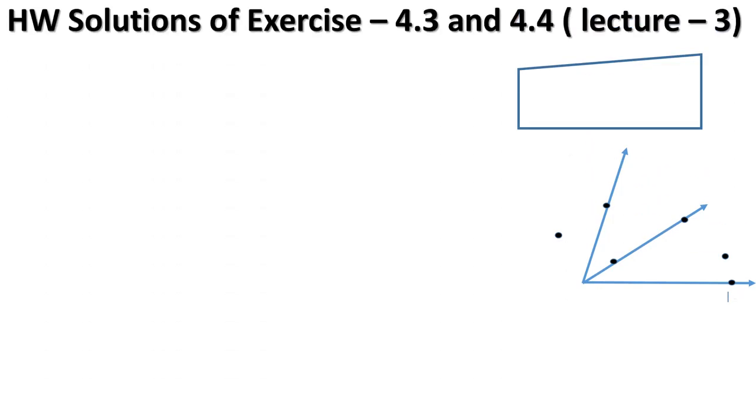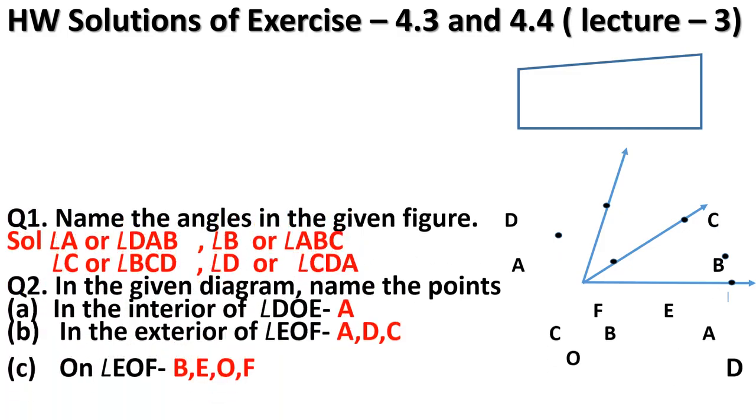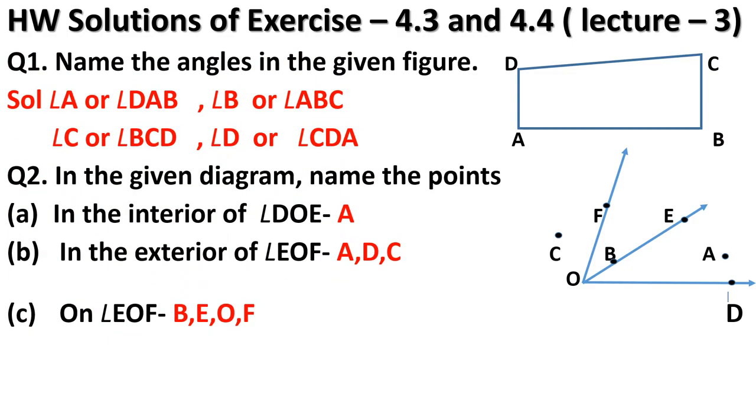Now we are going to discuss the homework solutions of exercises 4.3 and 4.4, which I gave in lecture 3. Question number 1. Name the angles in the given figure. The figure is in front of you. ABCD is a quadrilateral. You have to name the angles formed in this.